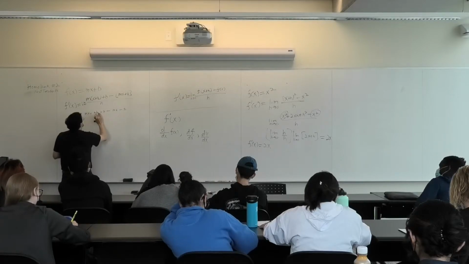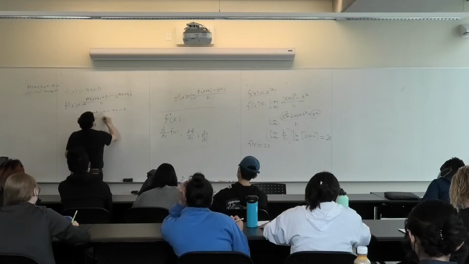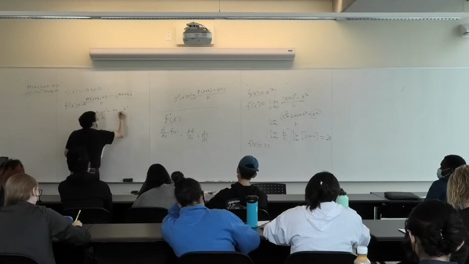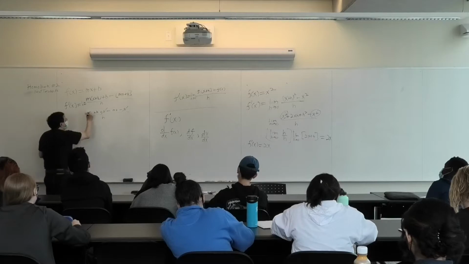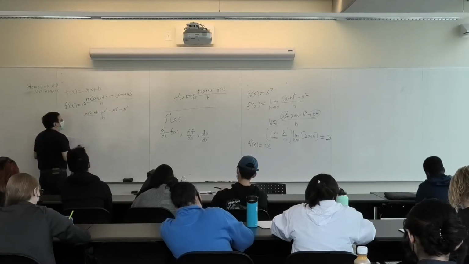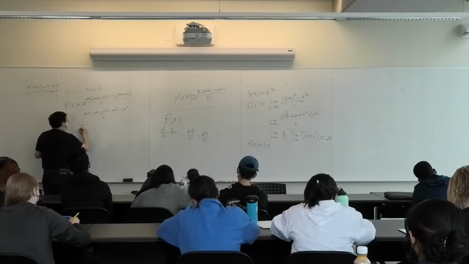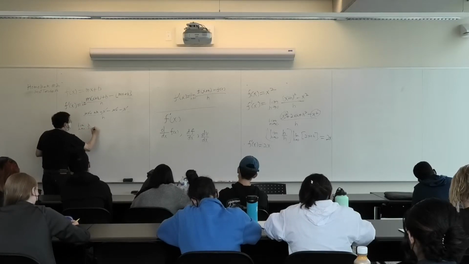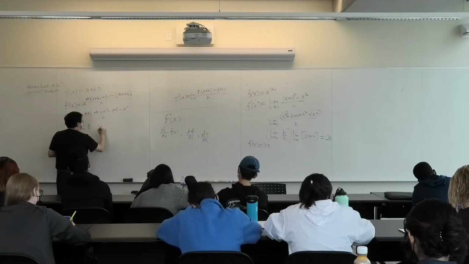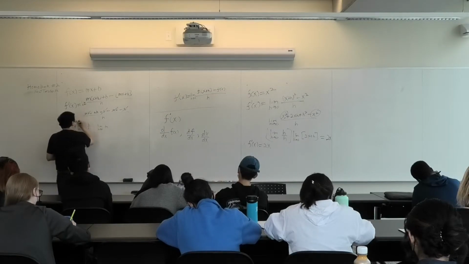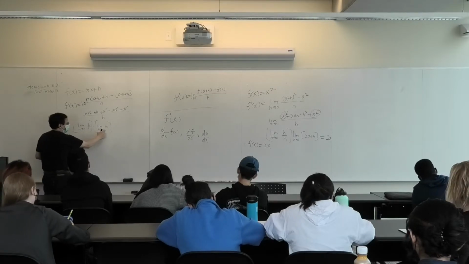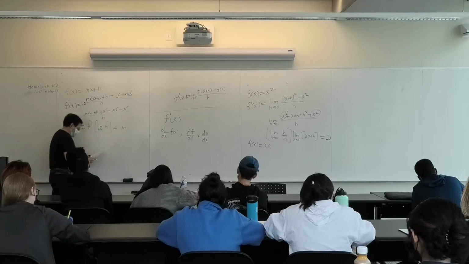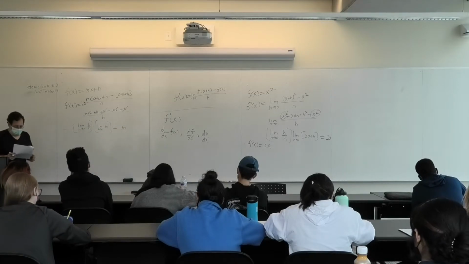I'm sorry, this is mh, right? Over h. My b's cancel. My mx's cancel. And now I just have a limit, again, as h approaches 0, of h over h times the limit as h approaches 0 of m. Well, this is obviously 1. This is constant. It's just m. Well, that's what we wanted.